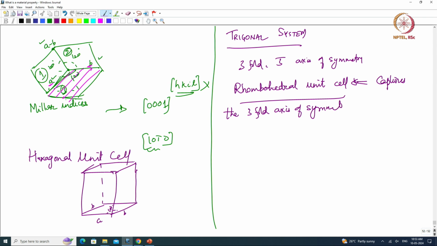So, it is a perfectly good way of representing my system if it has a threefold axis of symmetry. Or very simply I can represent the rhombohedral system as a hexagonal system, as having a hexagonal unit cell with additional lattice points.